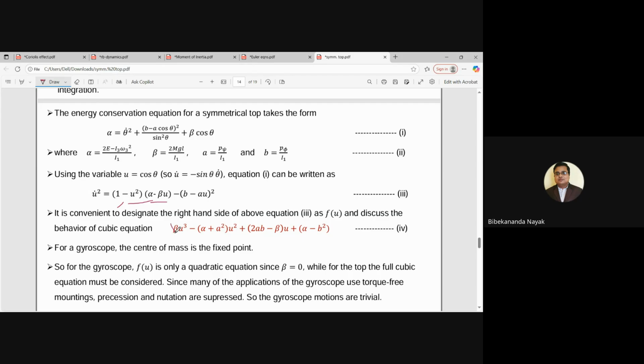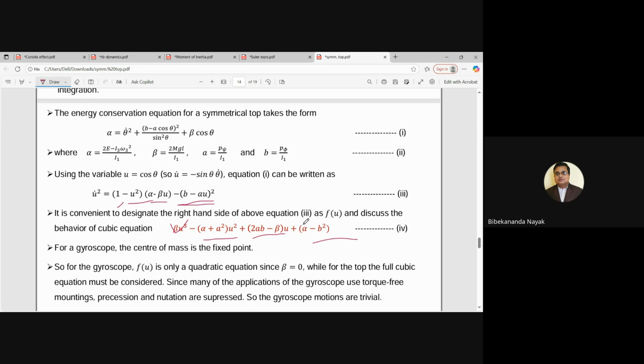So the highest power will be beta u cube. Then from the whole square: a square u square minus 2ab u plus b square. So we have alpha minus b square here.